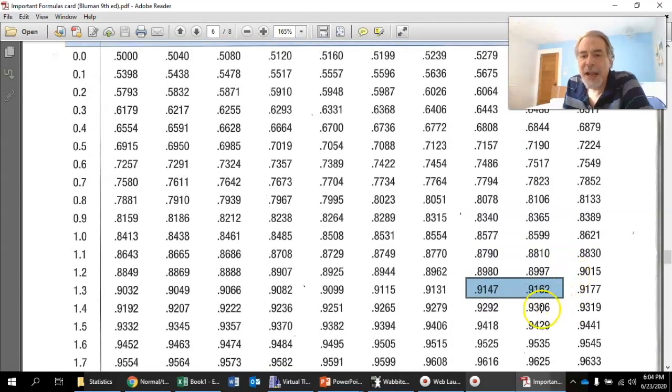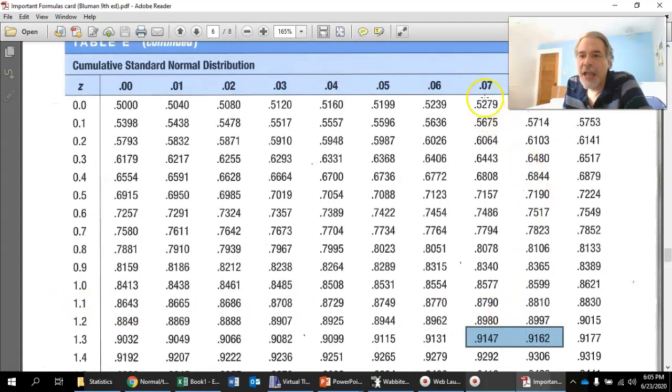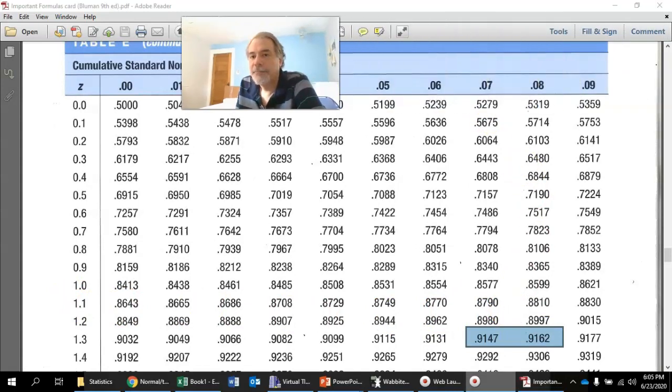So the z that I'm looking for starts with 1.3, and then after that, the next digit is, well, it's somewhere between 1.37 and 1.38.